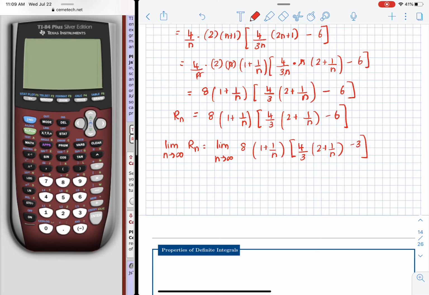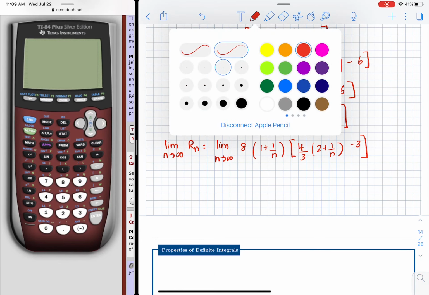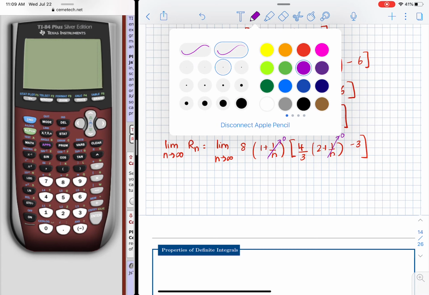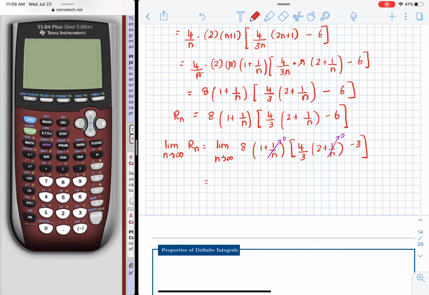So when we take the limit, that term is going to go to 0. That term would become 0 because we have 1 over infinity. So we would have 8 times 1 plus 0, 4 over 3 times 2 plus 0 minus 3.